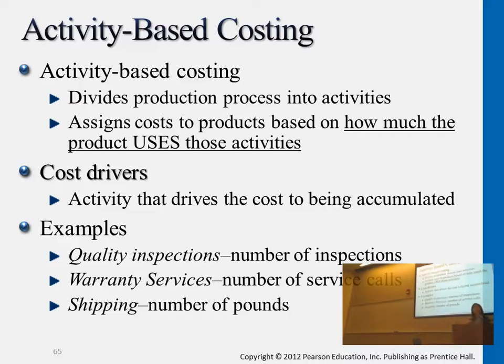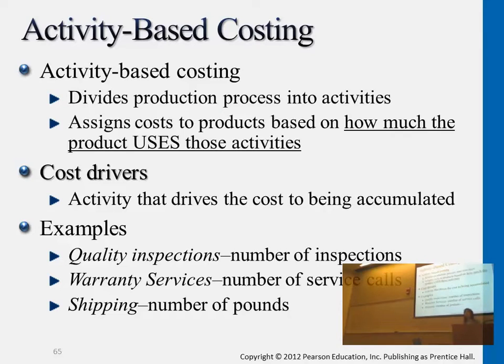The more times it occurs, the more cost is incurred for inspection. You need to hire experts to help you inspect the product line. So the more times you ask them to come, the more cost is incurred for quality inspection. Other examples, warranty services: the more customers come to claim problems with their products, the more service costs are incurred.